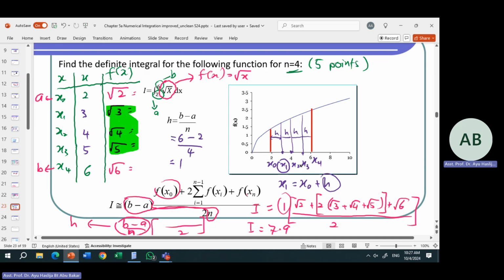So if it is approaching your true value, then your answer should be correct.